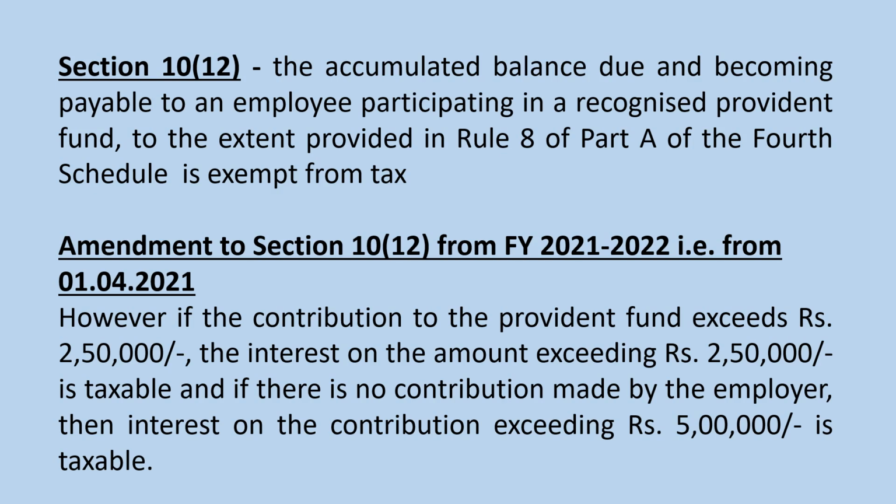Amendment to Section 10(12) from financial year 21-22, that is from 1st of April 21, is, however, if the contribution to the Provident Fund exceeds rupees 2,50,000, then the interest on the amount exceeding rupees 2,50,000 is taxable, and if there is no contribution made by the employer, then the interest on the contribution exceeding rupees 5 lakh is taxable. This is the same amendment which is done in section 10 subsection 11. The same amendment is done in section 10 subsection 12 also.